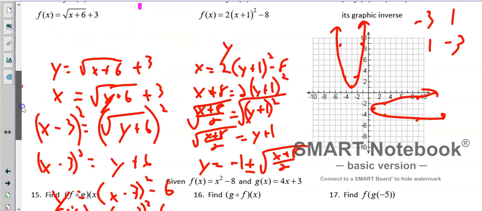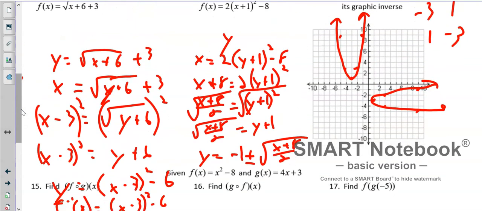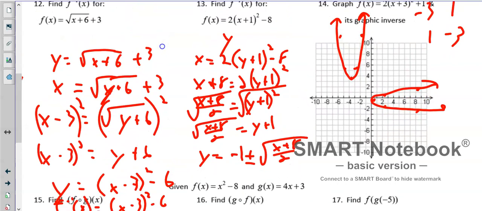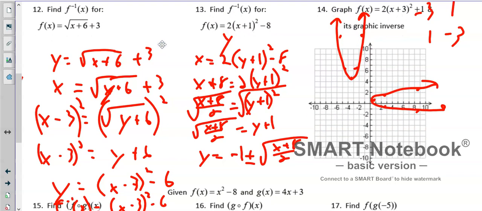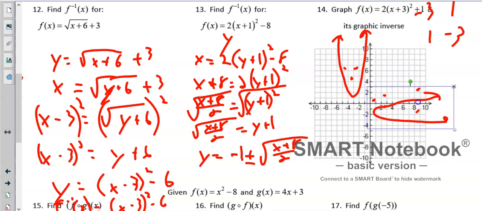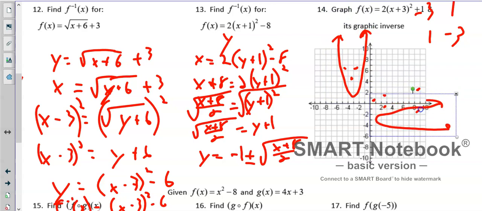Oops, I don't know why all that shifted down. Sorry about that. I don't know what happened. So dots don't line up, but you get the gist.